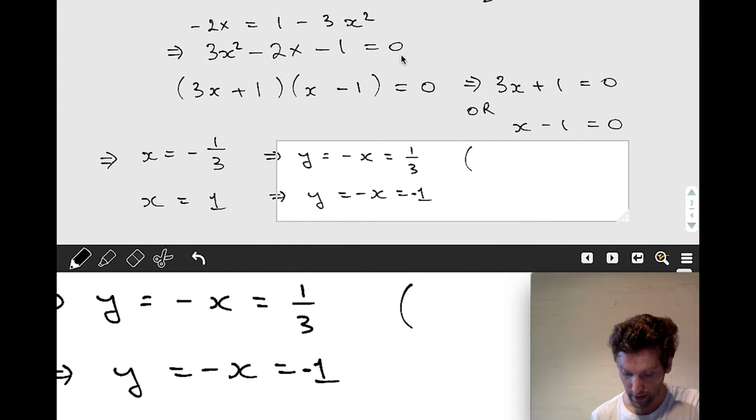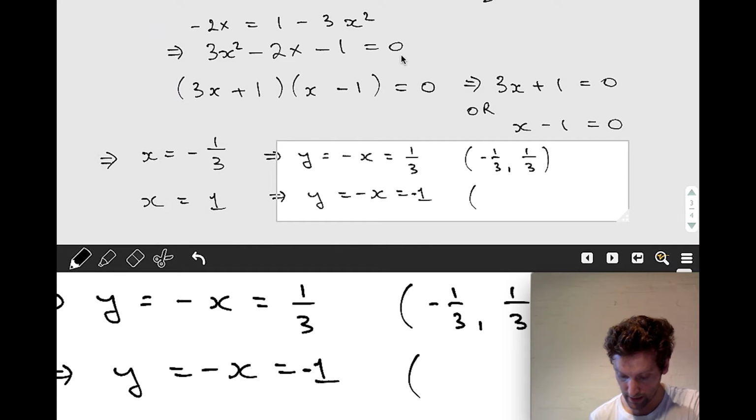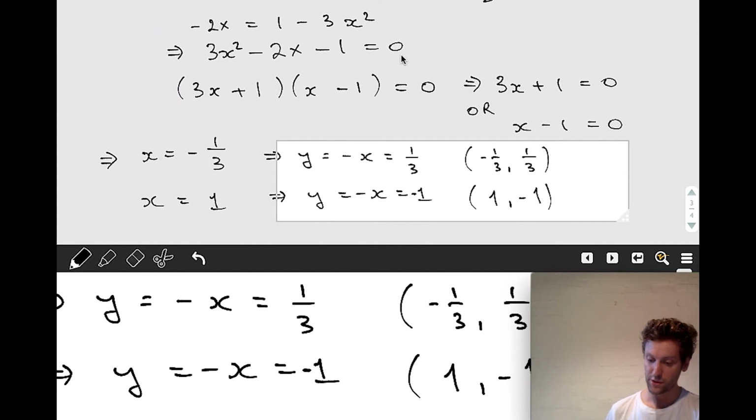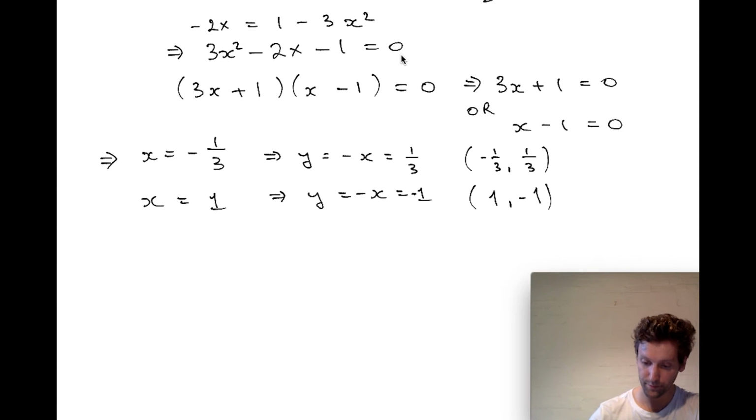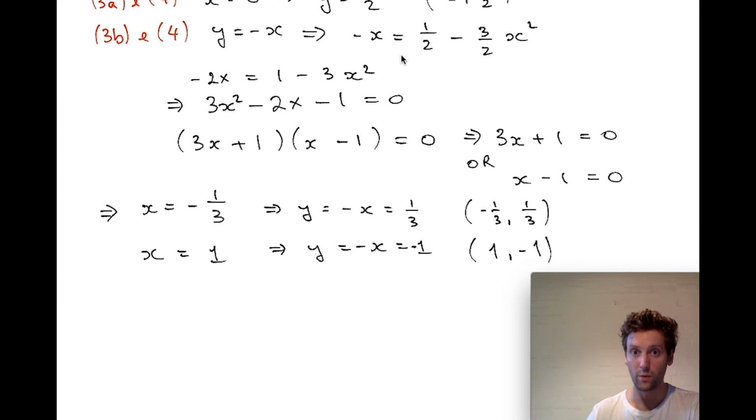We've got x is equal to minus a third, y is equal to a third, and x is equal to 1, y is equal to minus 1. So we have 3 points: 0, a half; minus 1/3, 1/3; and 1, minus 1.